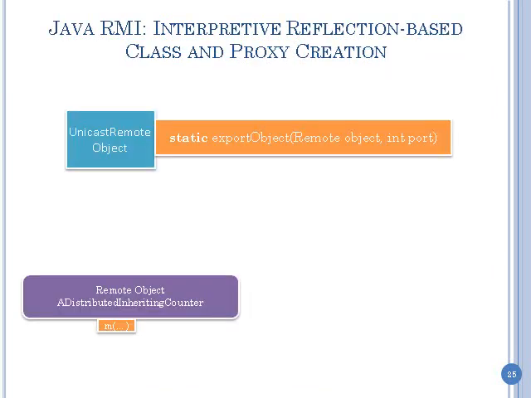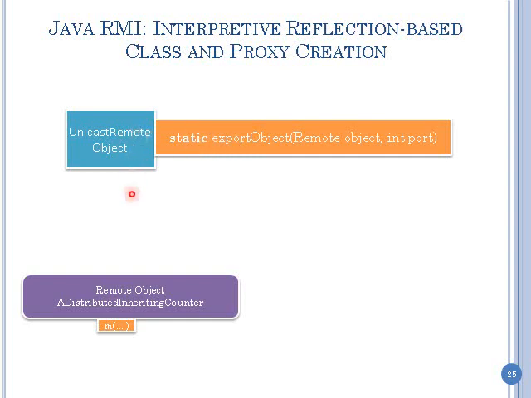Okay, so what we see here is that UnicastRemoteObject has this exportObject. An exportObject somehow is involved in generating a proxy at runtime. Okay, this exportObject is something very alien to me because I was used to using RMIC. So in fact, one of my PhD students told me about exportObject.